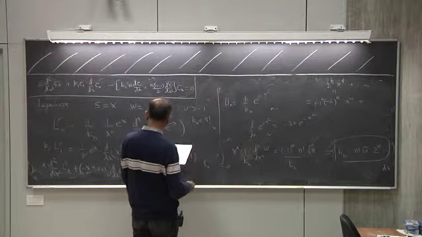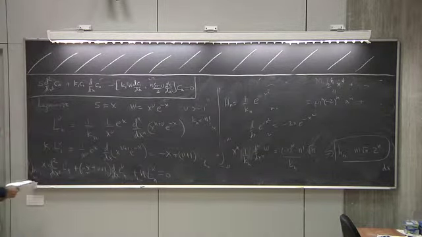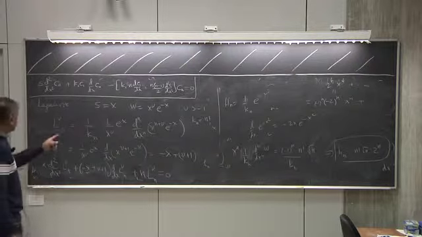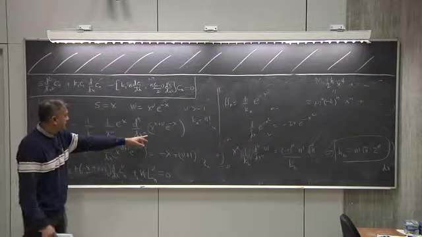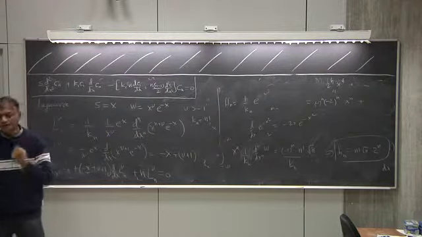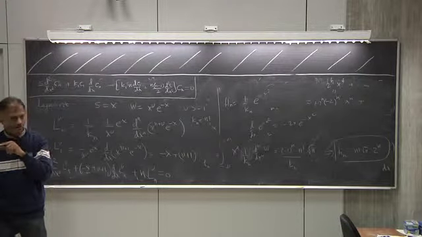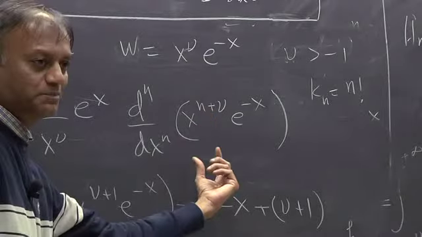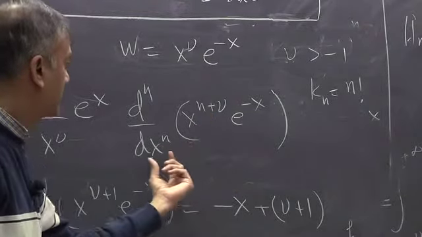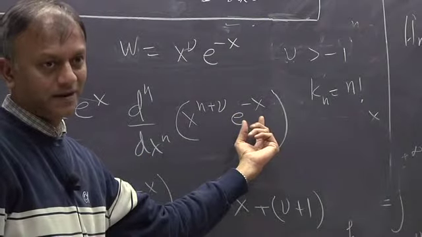So in this case, once again, you see that if you take the ln, ln is here, and suppose I want to pick up x to the n term here, so to compute the little kn, small kn. Well, whenever the derivative hits here, it is going to reduce the power, right? So the way to get the highest power is when all the derivatives hit there, right?